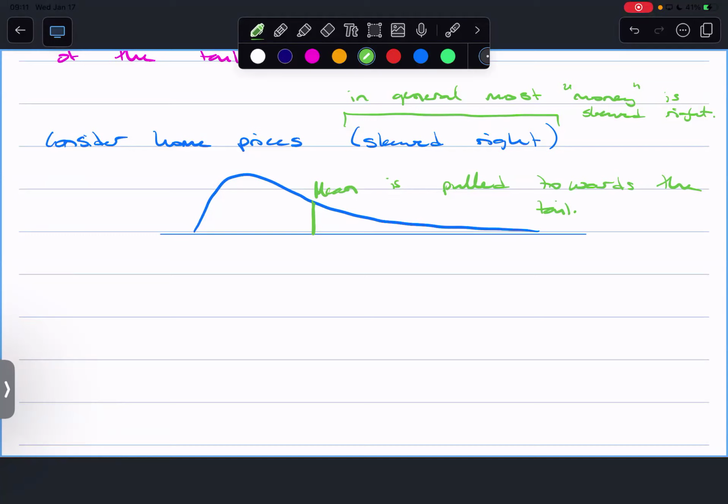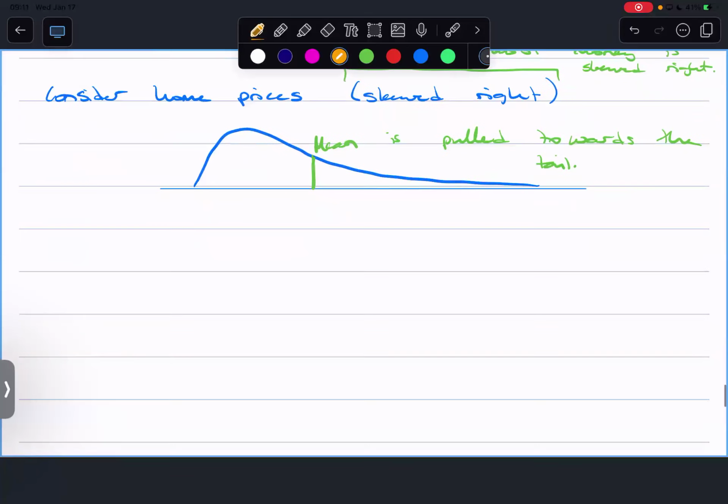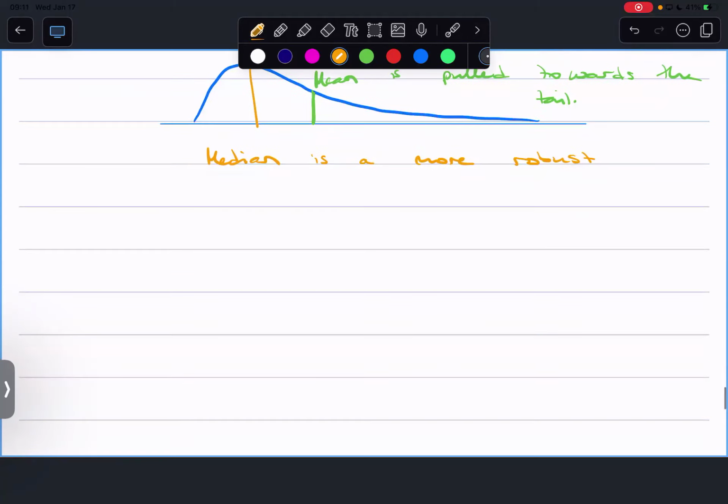If you're comparing the averages year over year, then that's fine, I guess. But what's a more appropriate measure of center? We said if we have a skewed distribution, then we use what we call the median. The median is a more robust measure of center.